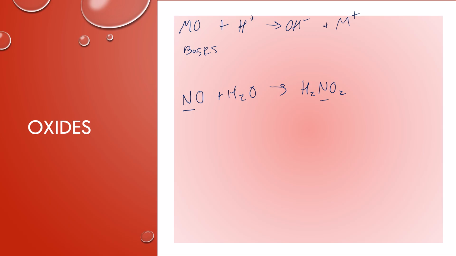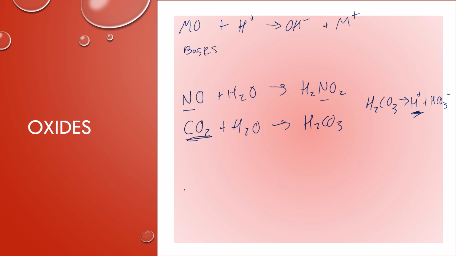Now, the really common one is carbon dioxide, as your non-metal oxide can react with water to form carbonic acid. And then whatever your weak acid is can actually split apart into a hydrogen and a conjugate base, like this. And so that hydrogen ion being released is why the non-metal oxide is acting as an acid.